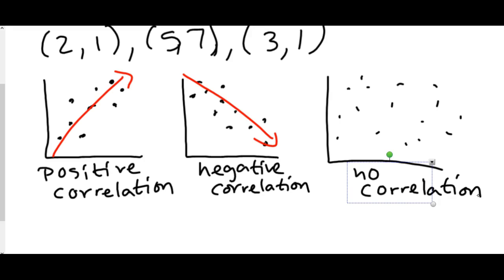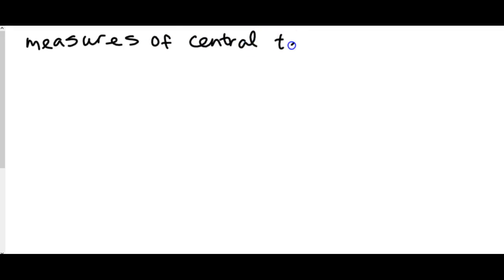So what we can do with our data is we can analyze it using what's called a measure of central tendency. So when they use that fancy word, measures of central tendency, they're looking for things like the average or the number that occurs most often. Now these measures of central tendency are usually applied to just lists of numbers instead of ordered pairs.